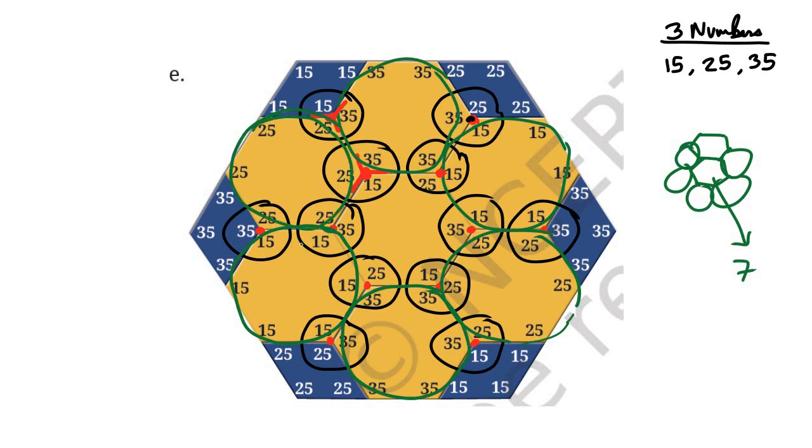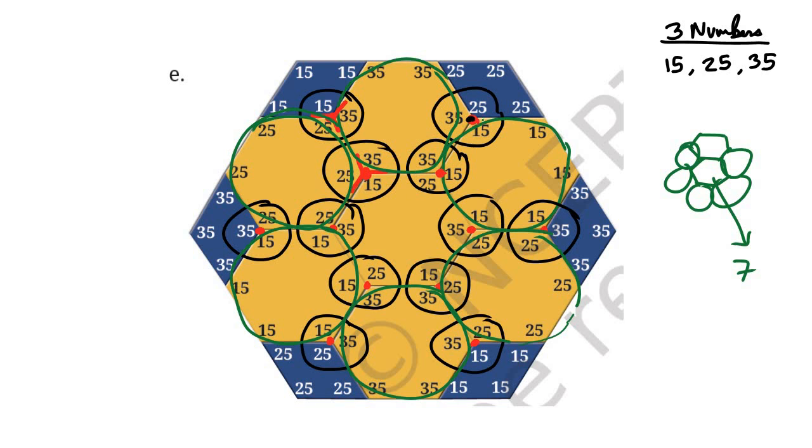Now the numbers for the inner hexagon can be written accordingly. Say for example, here if it is 35, here it is 15, then this is 25. You don't have to figure out the inner numbers, because once you have the numbers for the outer hexagon, the inner ones automatically come in.